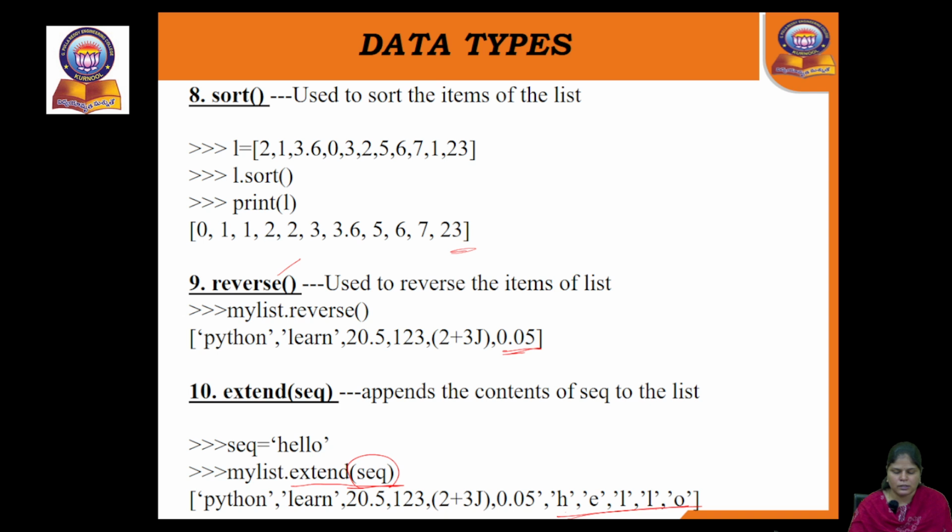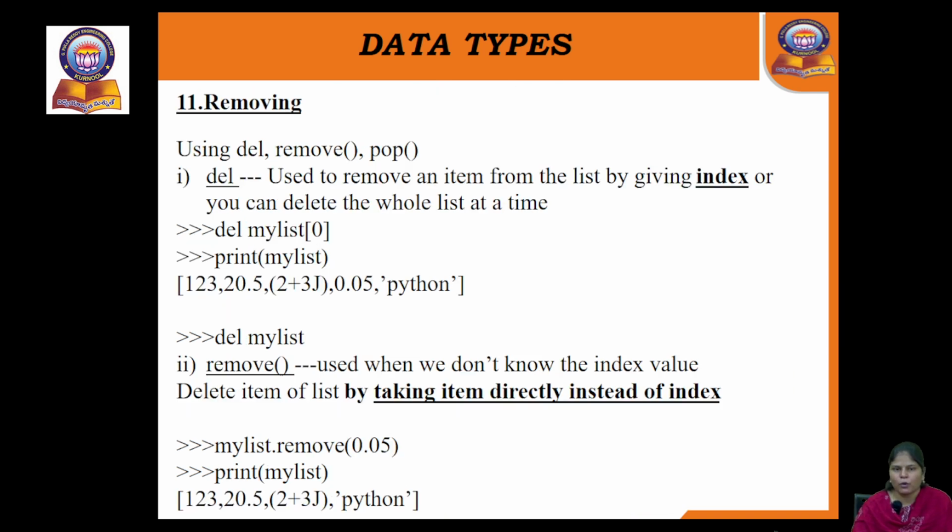Next, if you want to remove any element from the list, then we have mainly three options: one is a property, one is a method, next one is a function. So del is a property which will remove an item from the list using the index value. If you want to delete any element based upon the index, you can use del mylist[0].